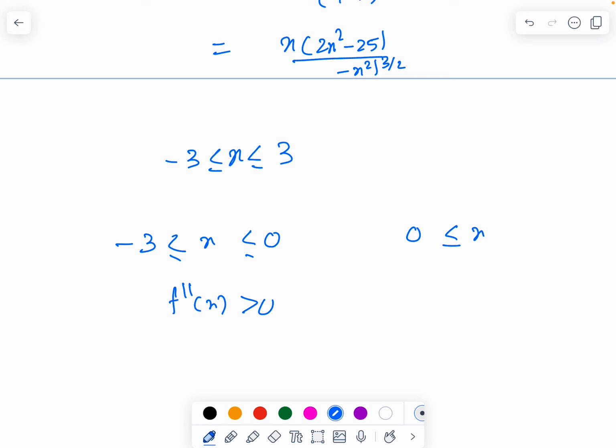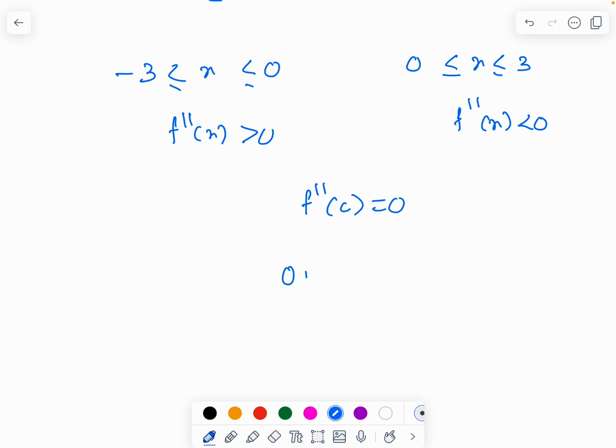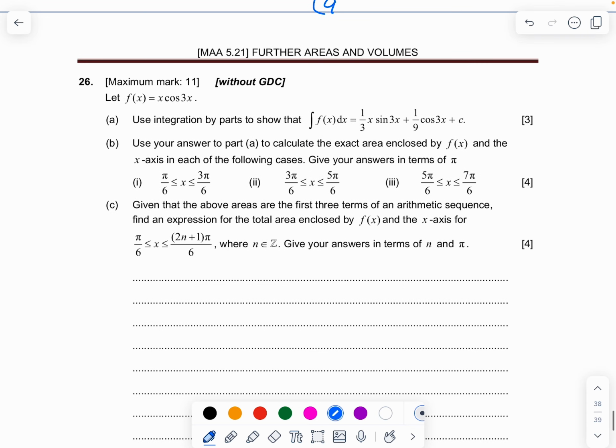And between 0 and 3, the second derivative is negative. And the second derivative is 0 at 0. So therefore the point of inflection is 0. And plus or minus square root of 25 by 2 is not in the domain. So therefore, only 0 is going to be the inflection point.